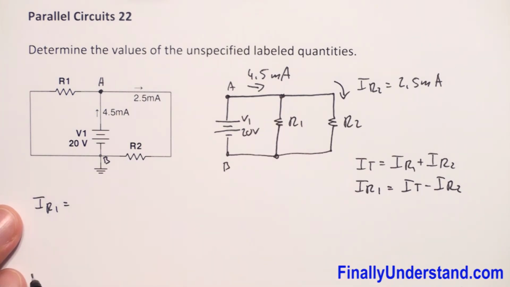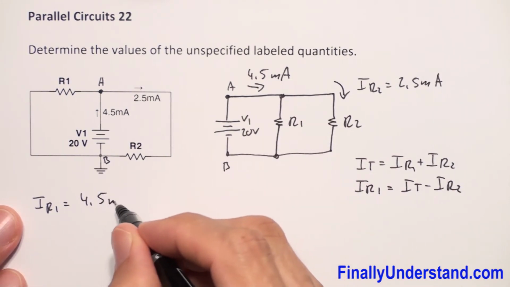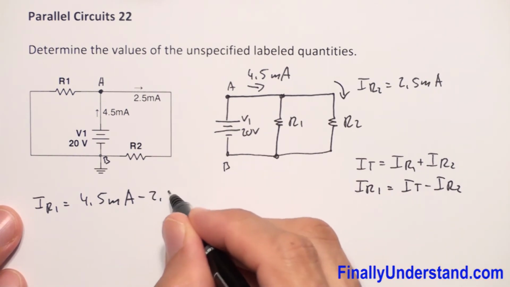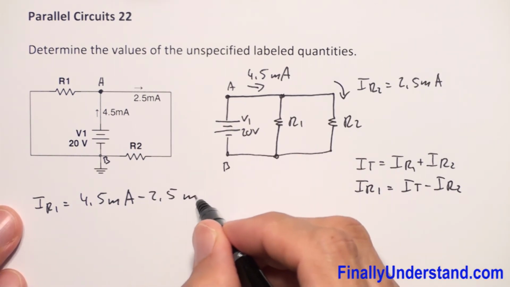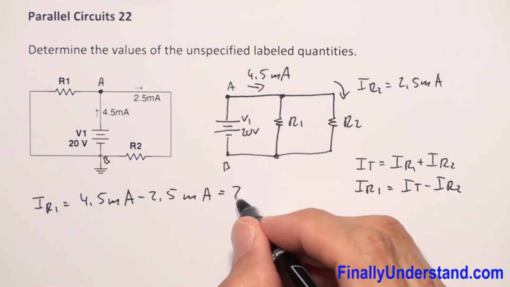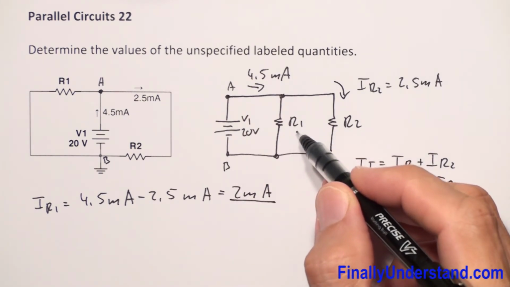So IR1, I'm going to use this formula: IR1 is equal to I total, 4.5 milliamps, minus 2.5 milliamps, which is equal to 2 milliamps. We have 2 milliamps going through resistor R1.